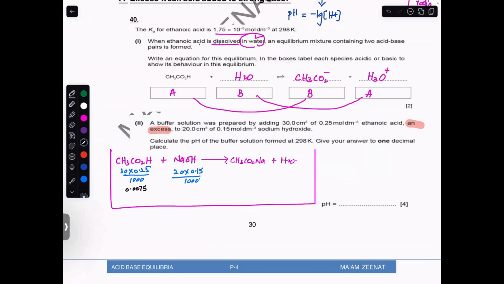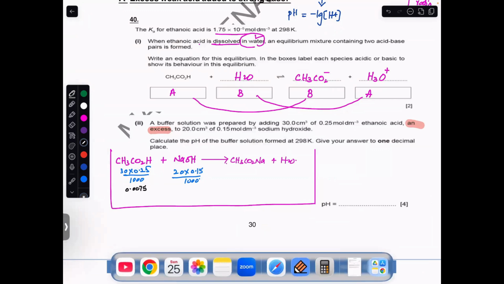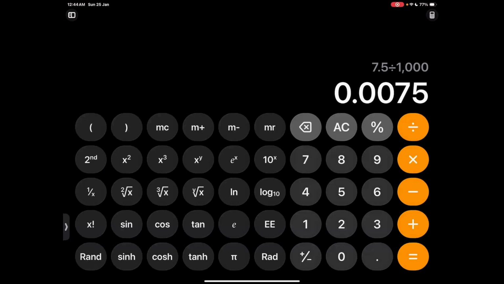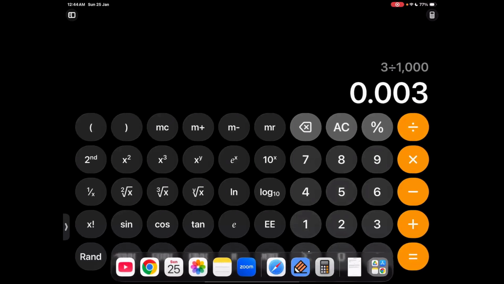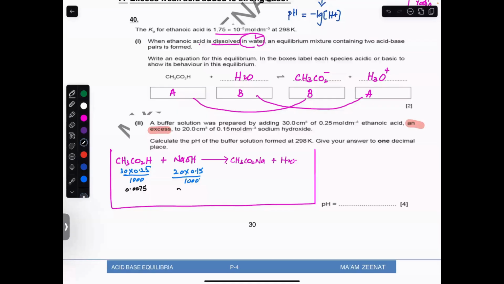And the other, 20 into 0.15 divided by 1000, is 0.003. They are mixed.